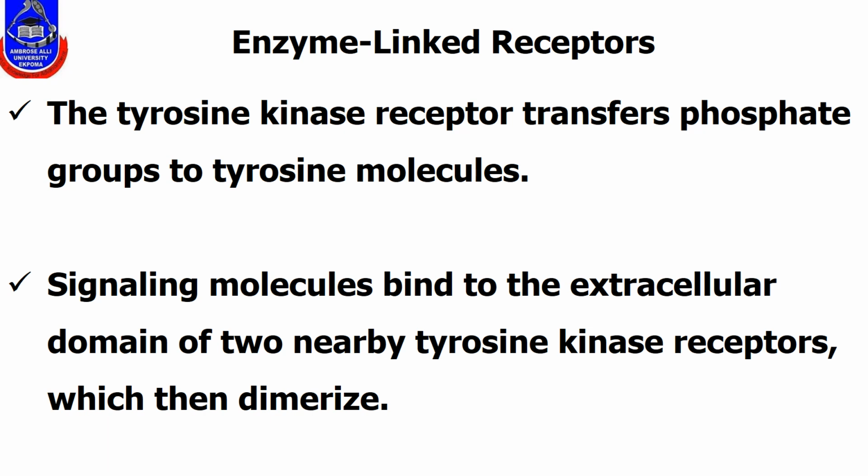The tyrosine kinase receptor transfers a phosphate group to a tyrosine molecule. Signaling molecules bind to the extracellular domain of two nearby tyrosine kinase receptors, which then dimerize.